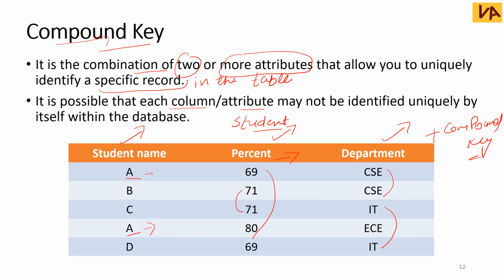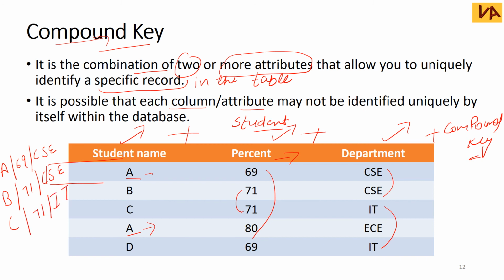So we need to combine the values of these attributes to make each record individual. For example, this record will be written as A 69 CSC, the second one as B 71 CSC, and C 71 IT. So there is some difference if we collect these three attributes.